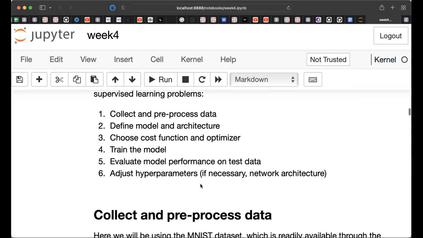And then finally, we may need to adjust hyperparameters if we are dealing with a given type of regularization term, which we add to the cost function. And clearly, it may also be needed to modify the network architecture. So all these things are basic nitty-gritty ingredients which we need to set up in a neural network.